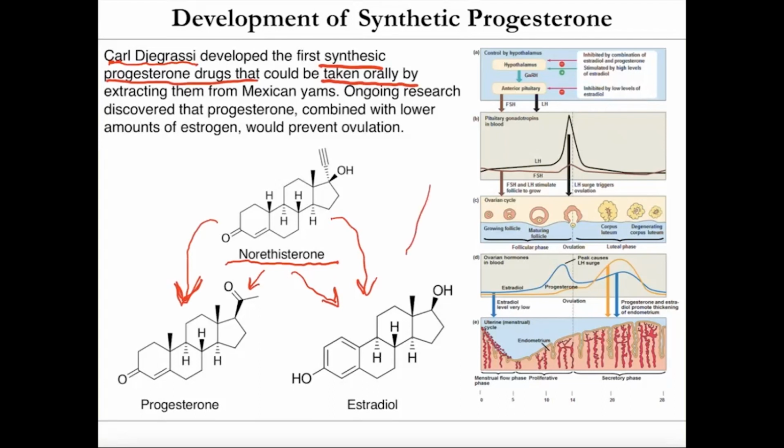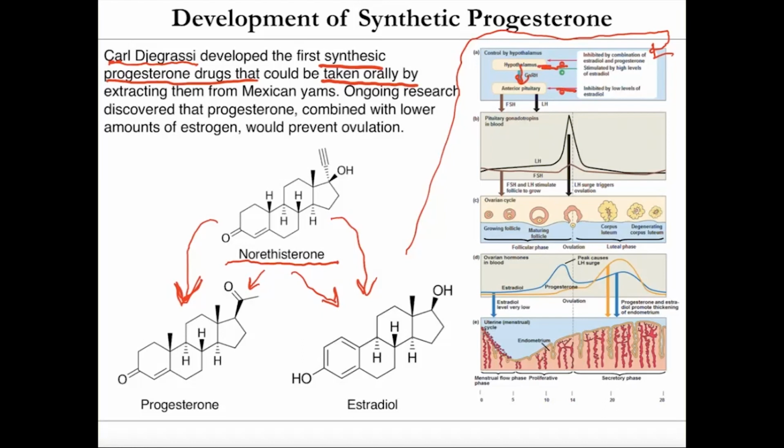So when they were giving this to lab animals, they found that progesterone inhibits the hypothalamus and the release of certain hormones associated with ovulation, and estrogen as well.